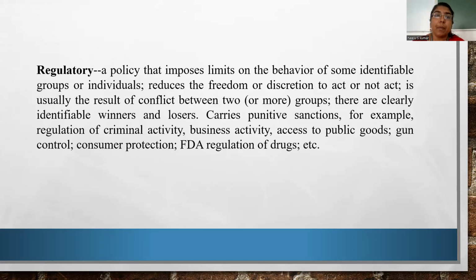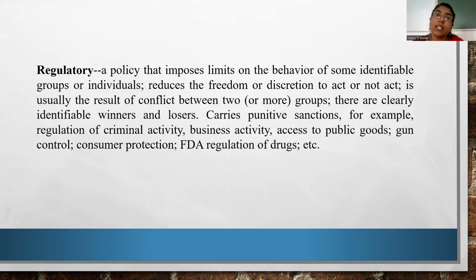The regulatory public policy, as we said, is to regulate something. It will restrict the freedom of the citizen to do something or not to do something. For example, if a particular product or thing will affect the common security of the society, or will affect national security itself, then there will be restriction from the part of the government.